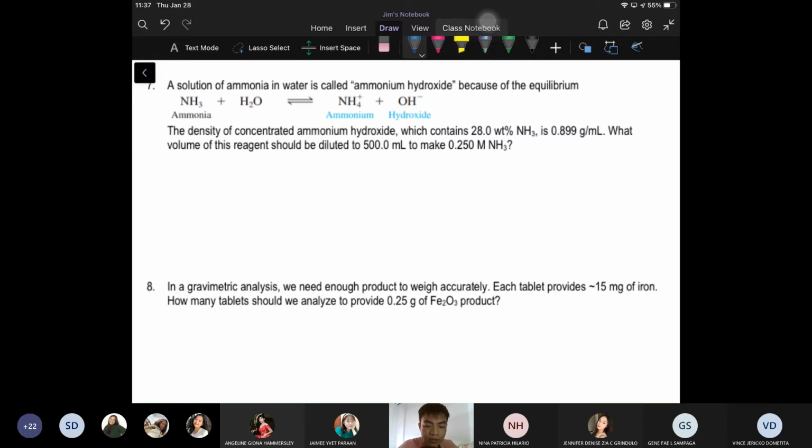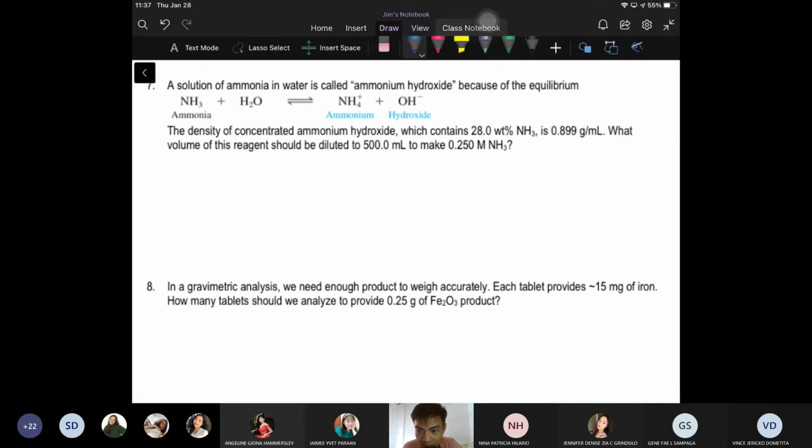Basahin uli natin yung last part ng question. Ang density, tinagalog na, ang density ng concentrated ammonium hydroxide, which is 28% by weight ammonia, is 0.899 grams per ml. Okay?